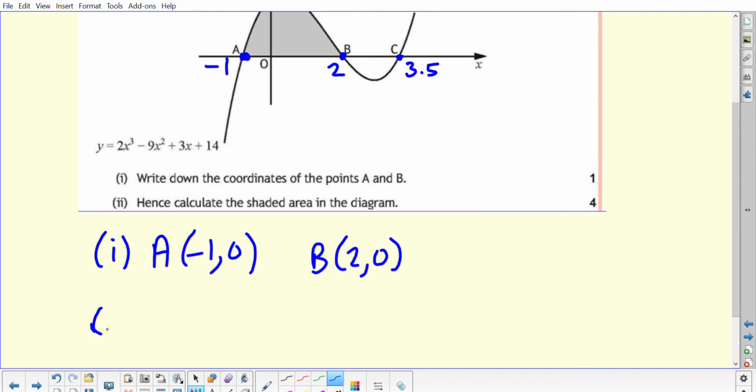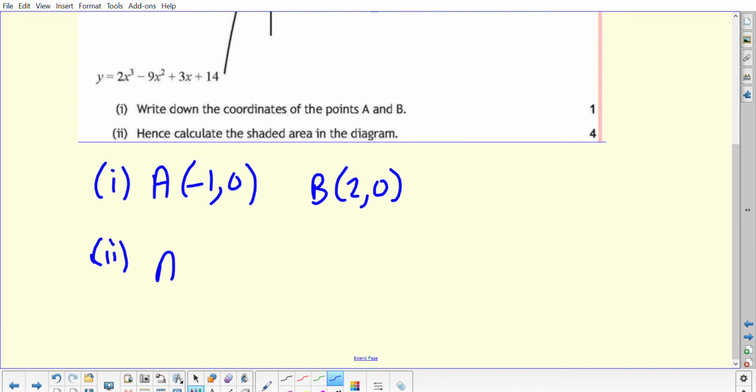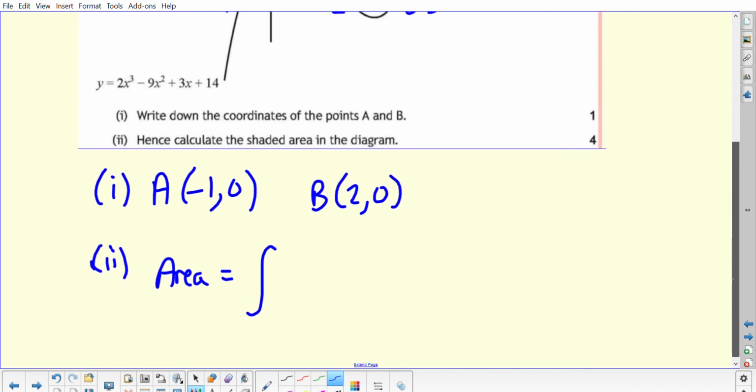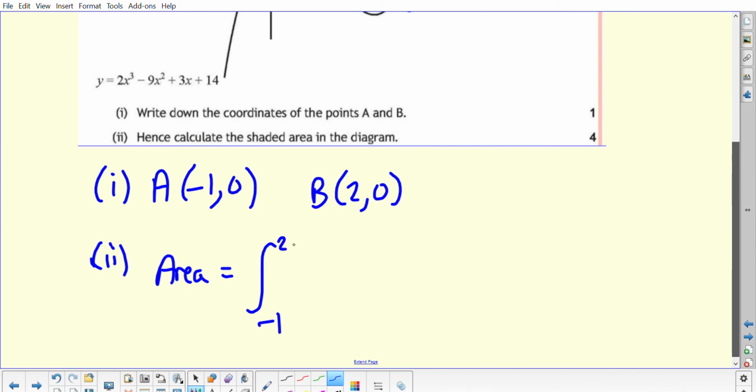Now, the second bit is "hence calculate the shaded area", and this is where you're expected to know the link between area and integration. So we're expecting you to know that we integrate between -1 and 2 the equation of the function, which is 2x cubed minus 9x squared plus 3x plus 14, with respect to x.